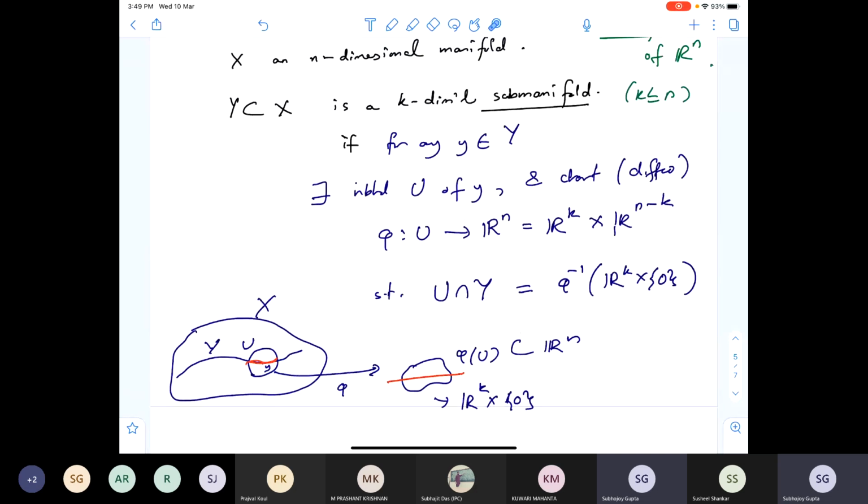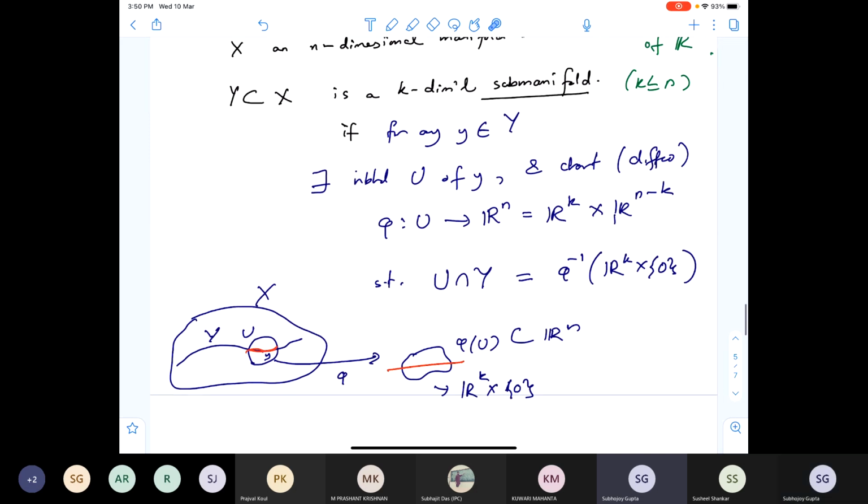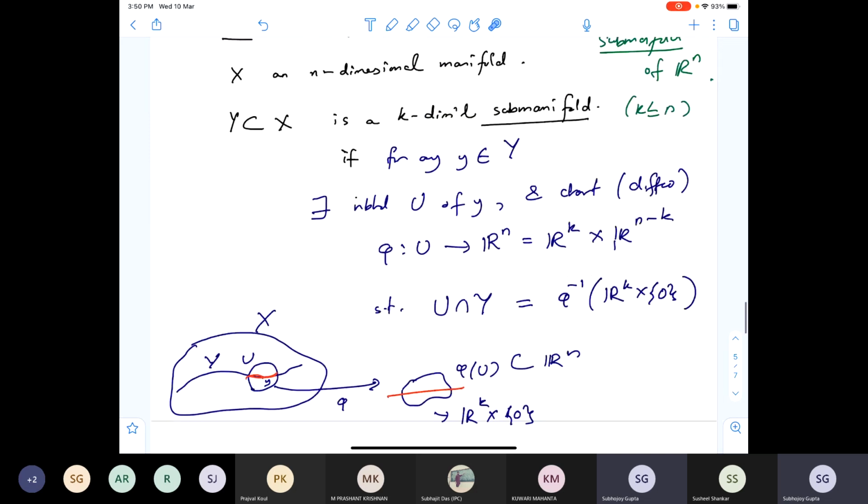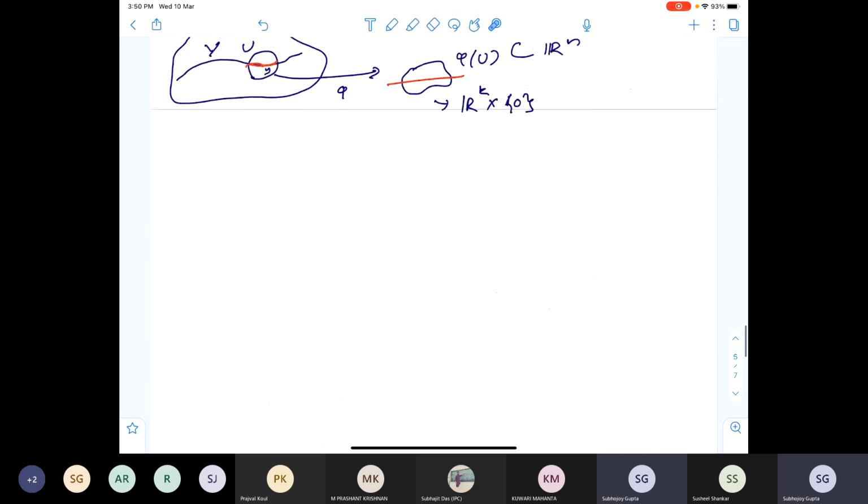Of course, in our context everything is smooth. So when I talk of a submanifold, these are all smooth maps, and phi is smooth, etc. We are always going to talk of things in the smooth category. So this is the notion of a submanifold.